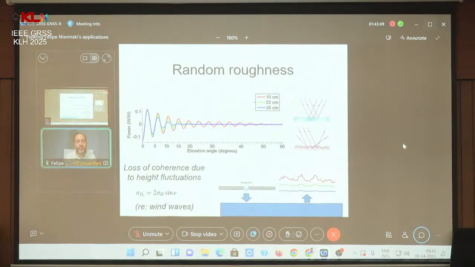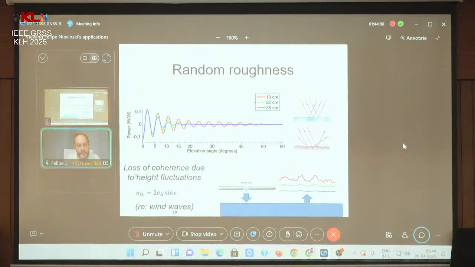This roughness randomizes these wavelengths in a way that even near the specular point, the net result will be smaller than if you had a mirror-like surface.